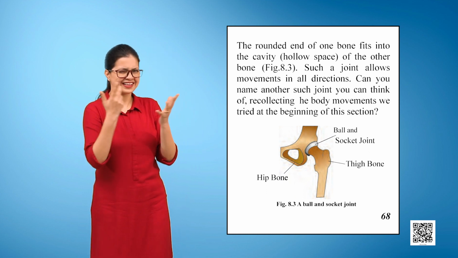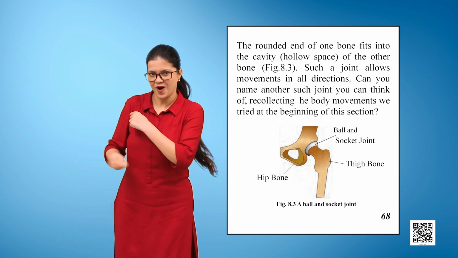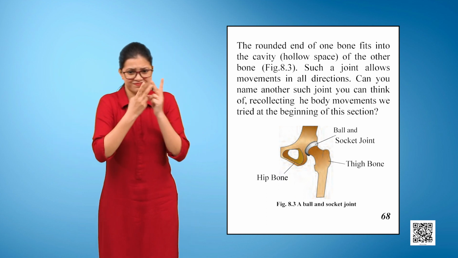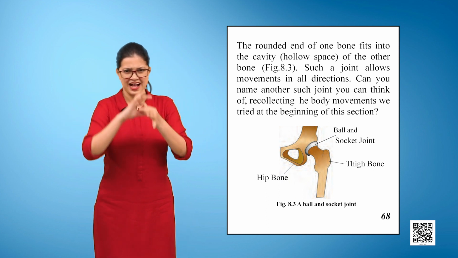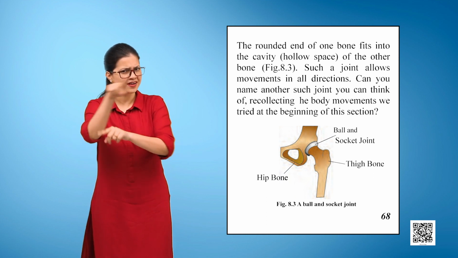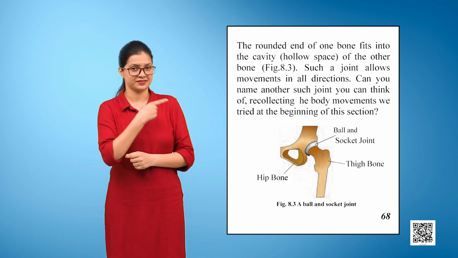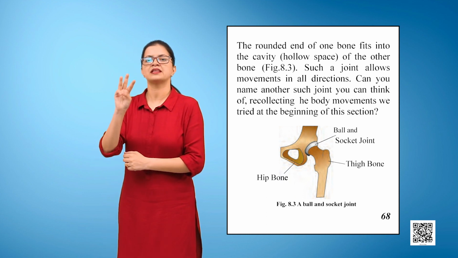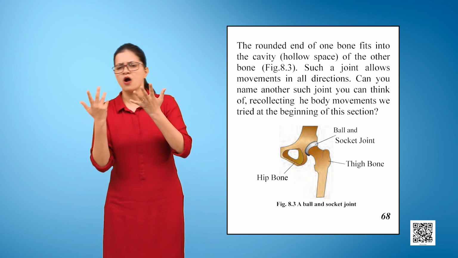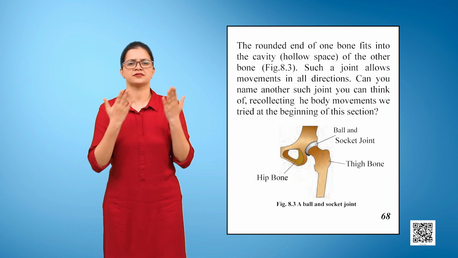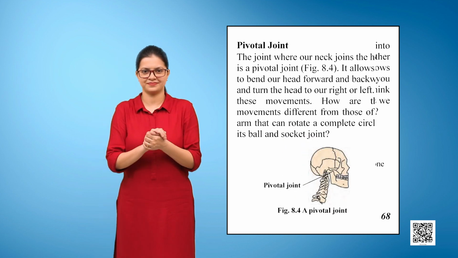Recollecting the body movements we tried at the beginning of this section. Figure 8.3 shows a ball and socket joint, including hip bone, ball and socket joint, thigh bone.